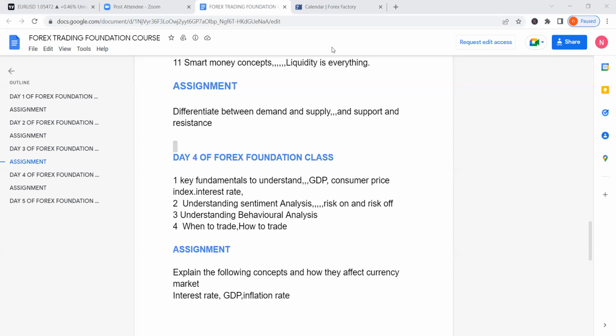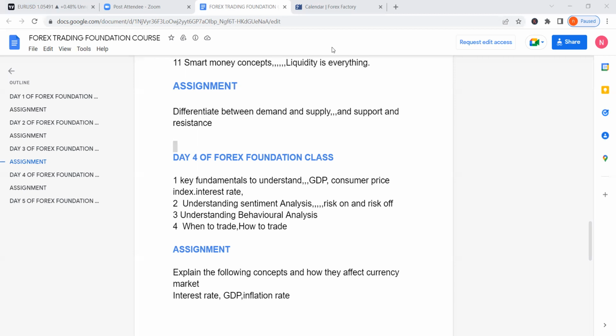What do I mean? For instance, let's look at two types of risk environment. A risk environment can either be risk on or risk off. I explained the basics of risk on and risk off yesterday or the day before, but I now want to explain it in detail.